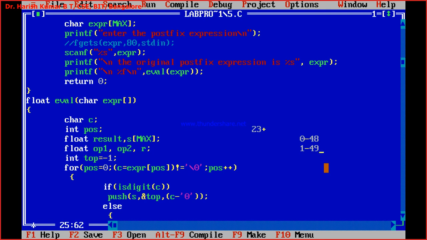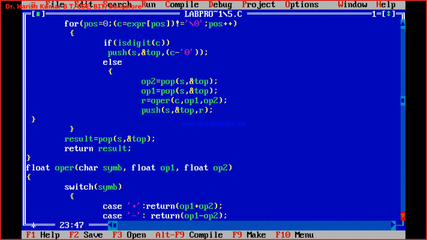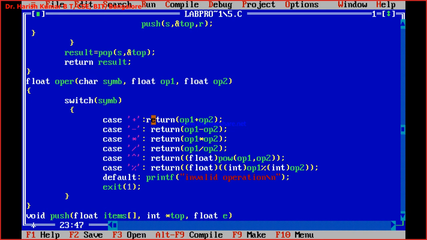Break statement after each case? One second, I'll clarify on that. Yeah, break is required, but observe here. At a time, how many symbols are you passing? Only one symbol. This symbol can be either plus, minus, into, divide, exponentiation, or modulus.